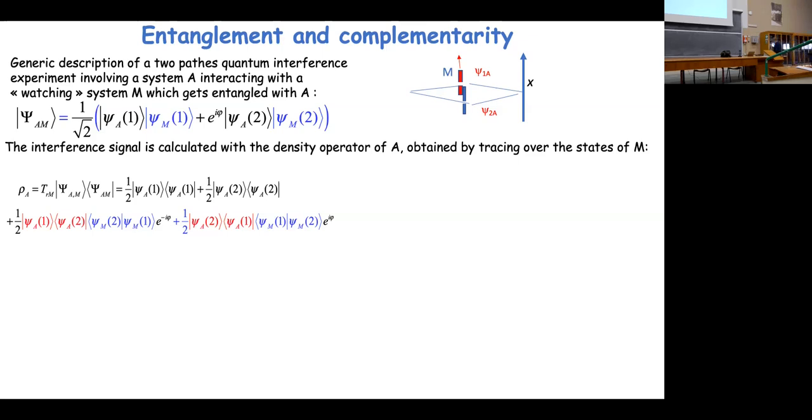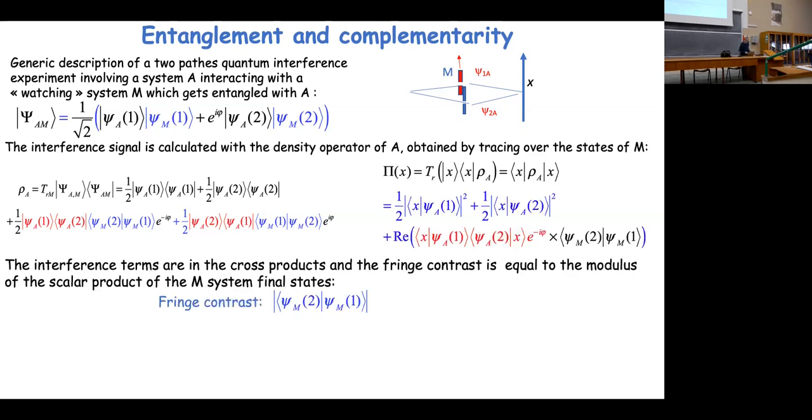Now, with this partial density operator, you want to compute the probability to find the particle at point X. You just apply the postulate that this probability is the trace of the projector on X times rho A, which is just the matrix element of rho A between X and X. I developed it here.